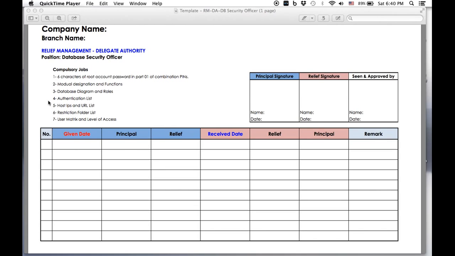This is just an example of the daily work of the principal database security custodian.